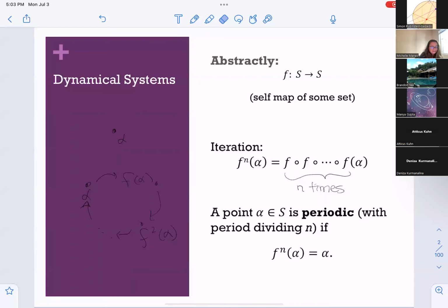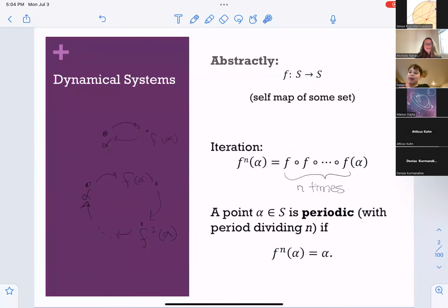And if alpha is on a 2-cycle, where alpha goes to f of alpha and back again, so I'm hopping back and forth, then if I do it 4 times, I go 1, 2, 3, 4, I'm also back. And if I do it 6 times, 1, 2, 3, 4, 5, 6, I'm also back. So I have to be a little bit careful. Alpha can be any point with period dividing n, and it'll be a solution to this equation.